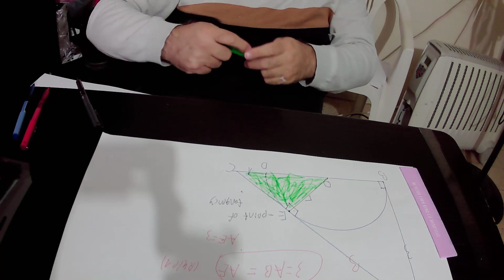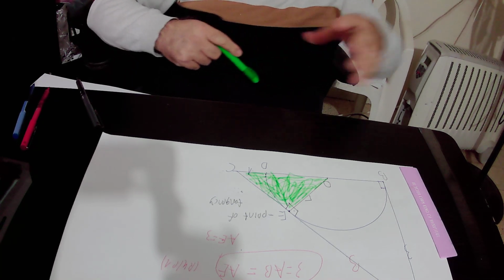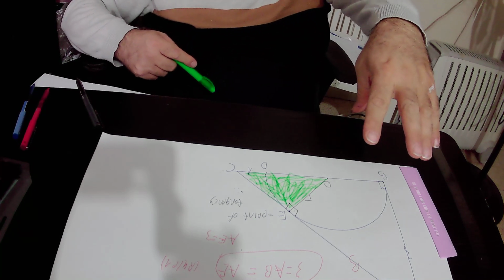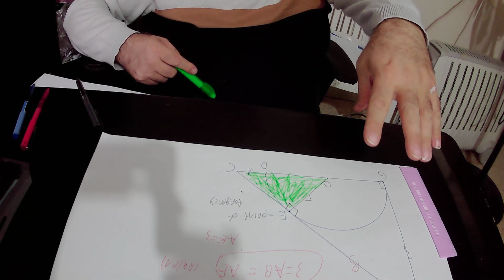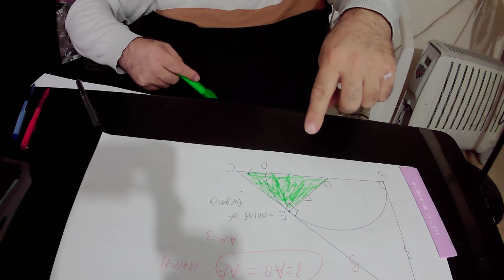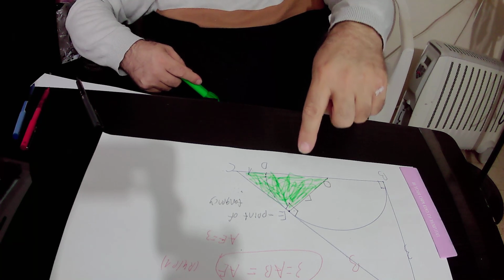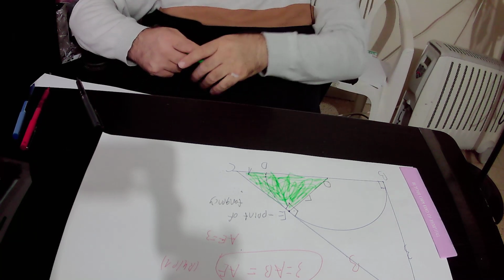So, in the next step, we will focus on the right big triangle ABC, and we will also focus on the right small green triangle OEC.